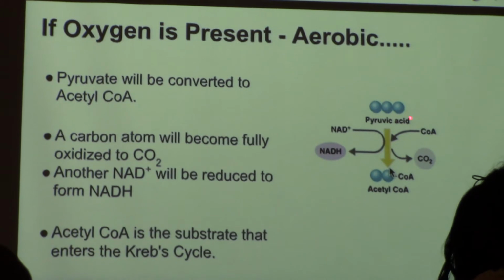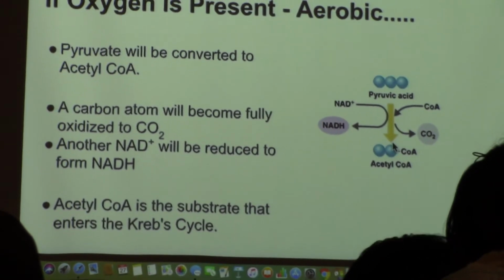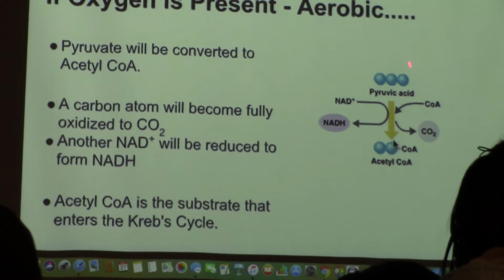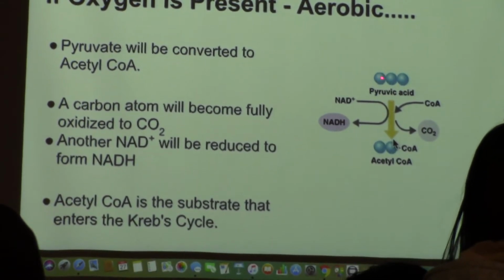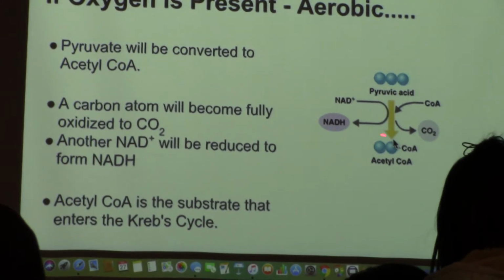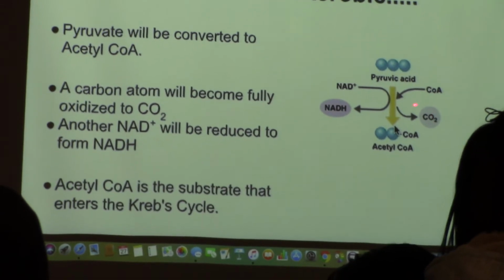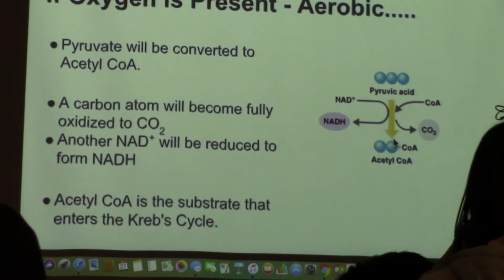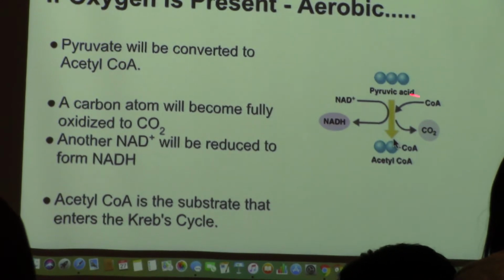So here's our pyruvic acid, and each one of these blue balls is a carbon. So we're counting carbons. And notice what happens to pyruvic acid. We go 3 carbons here, and now what does acetyl-CoA have? So we're losing a carbon, and we're losing that carbon as CO2.